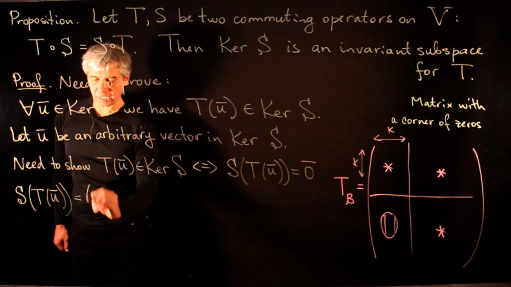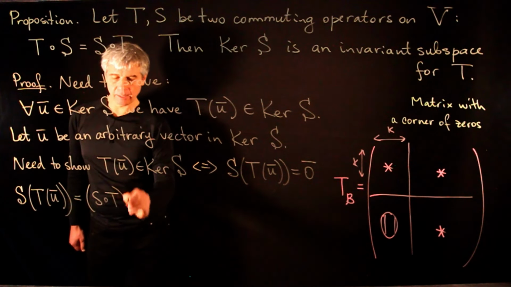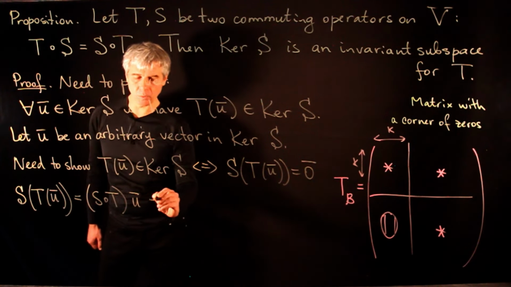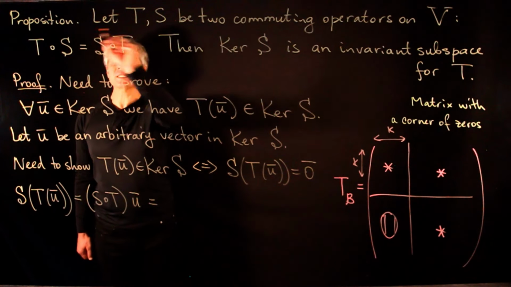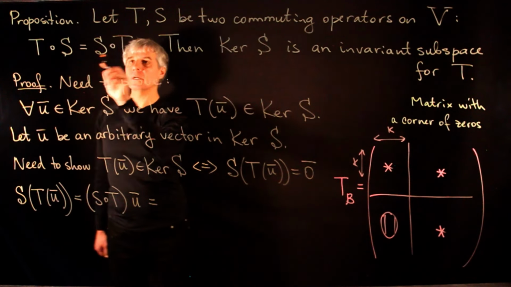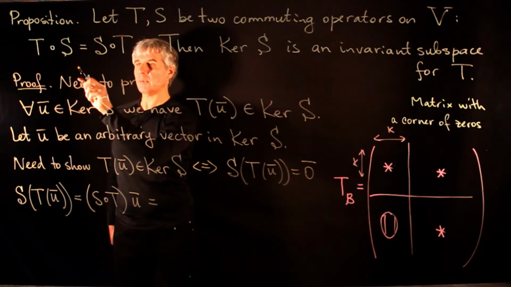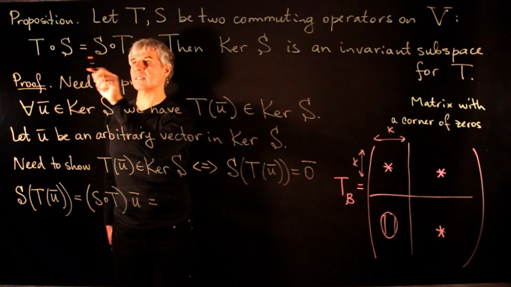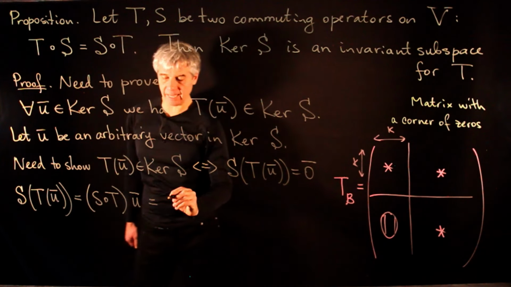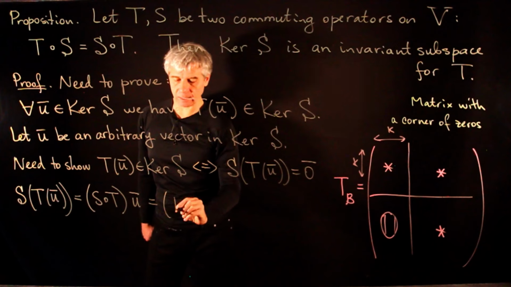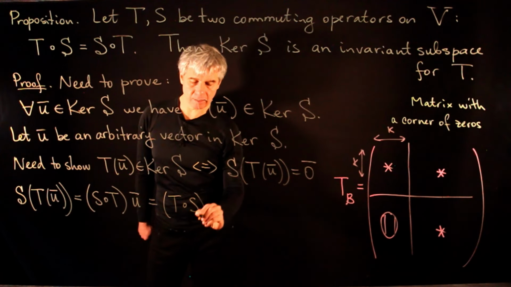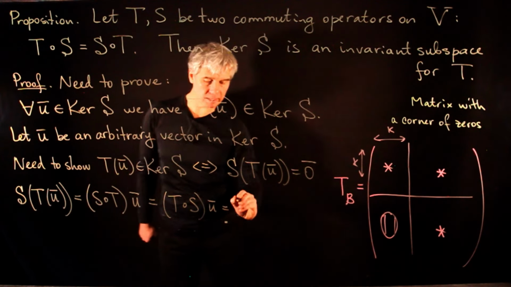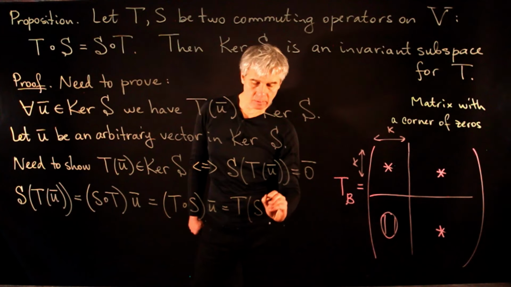This is the composition of S with T applied to vector u. But by the assumption of this proposition, these two operators commute. So the composition of S with T is the same as the composition of T with S. So what we get is T composed with S applied to u, or T of S of u.